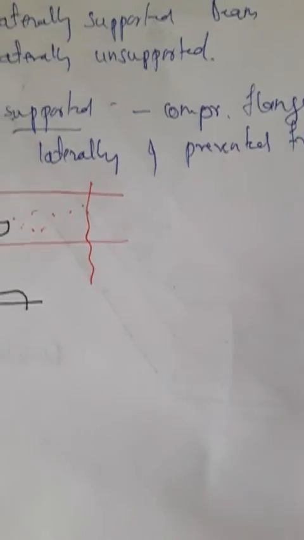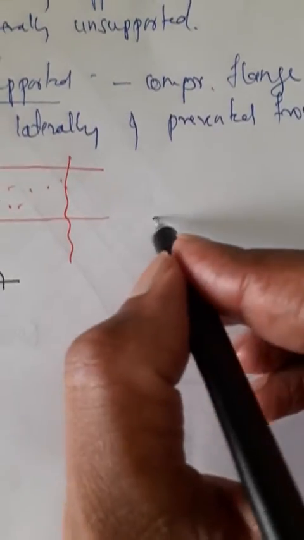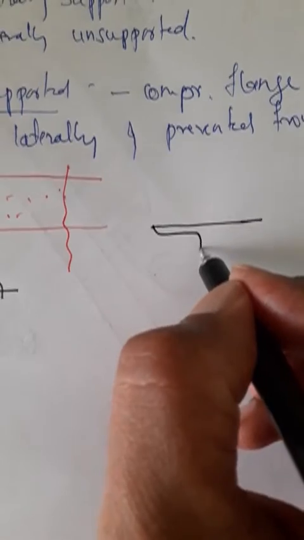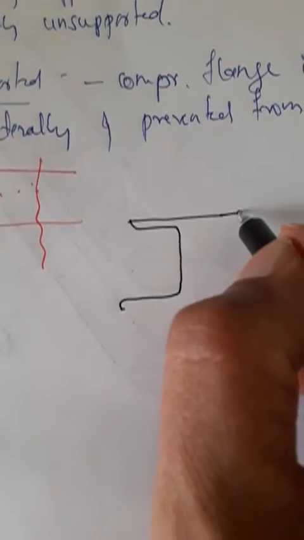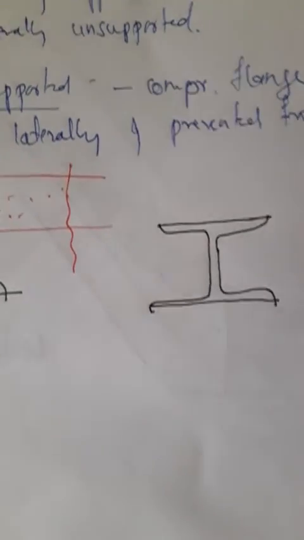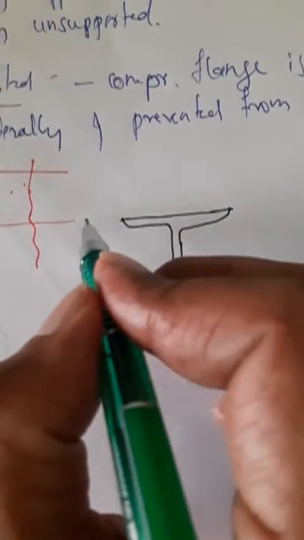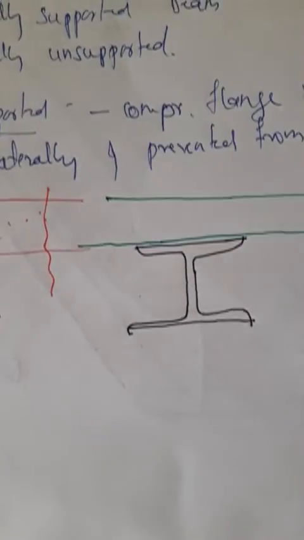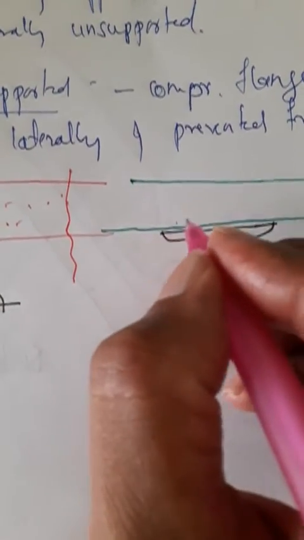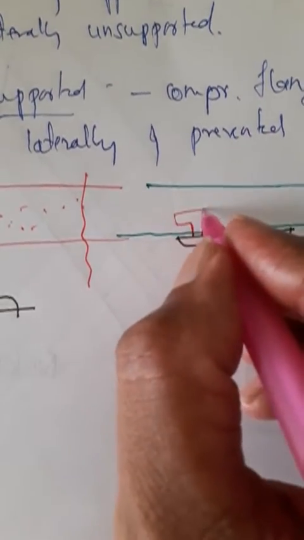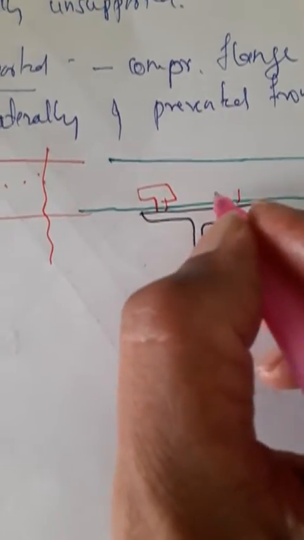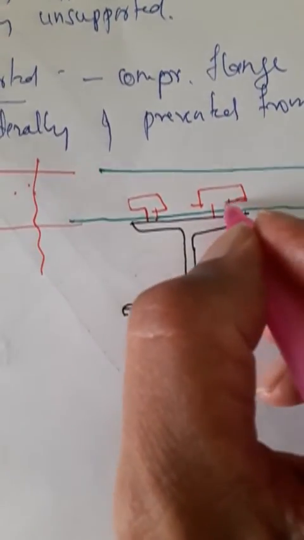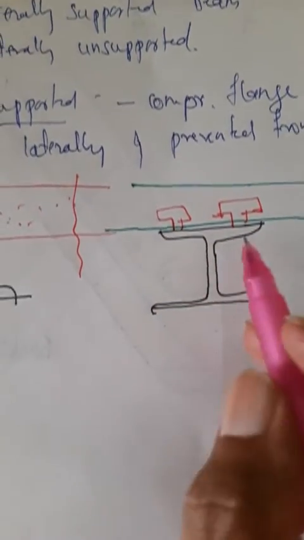Also, many times we provide shear connectors. Suppose this is an I section and we are placing the slab over it. The flange is not merged in the slab. So what can be done is, we may provide some connectors like this. These are called shear connectors. Even these prevent lateral buckling.